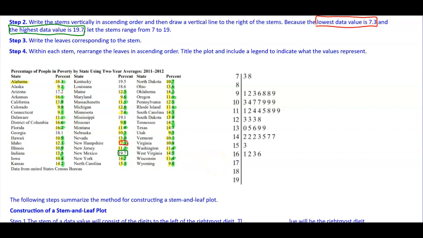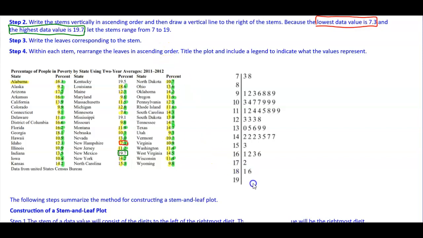Let's take a look at 17. So do we have any stems that are 17? Well, we have a 17, and then we have a leaf of 2. So therefore we have 17.2, we have one of them. And then 18, we have a stem there, another stem here, and it has a leaf of 1 and 6.